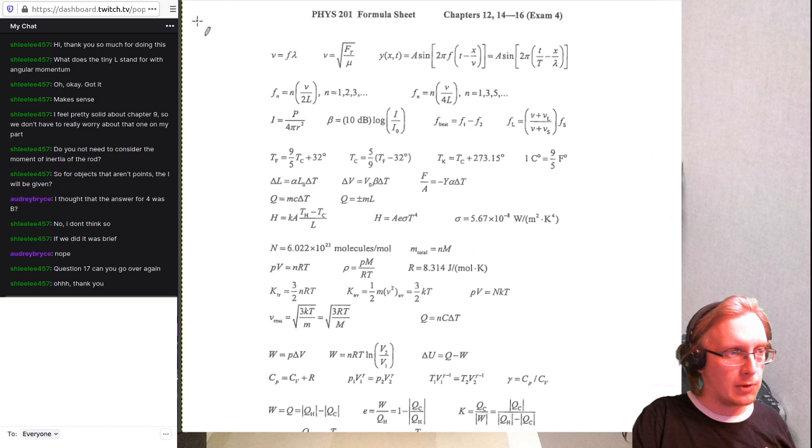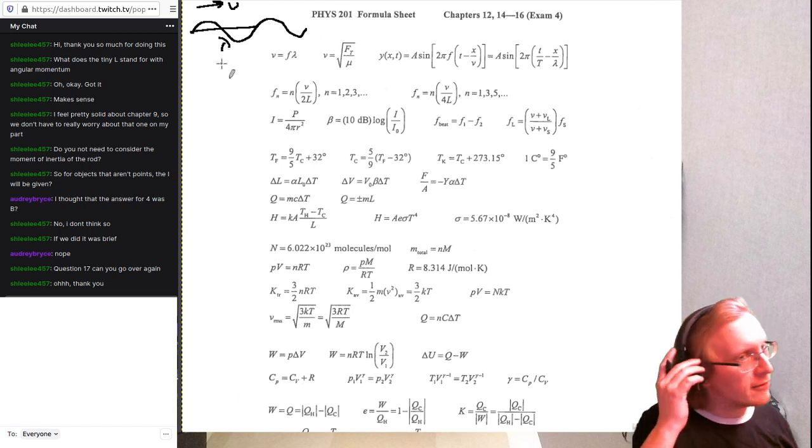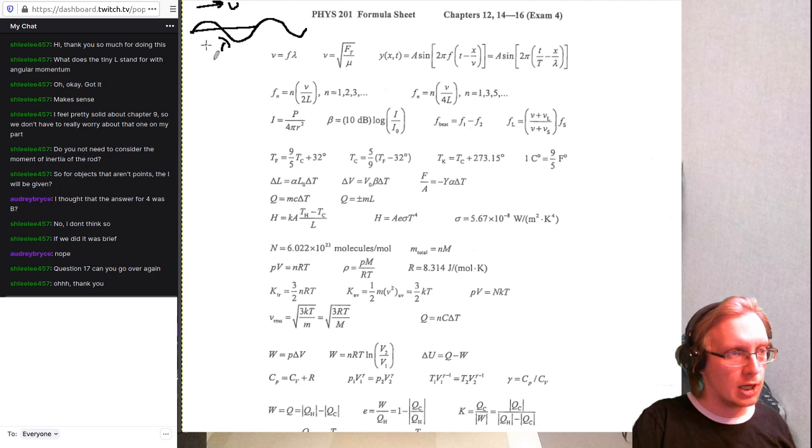So let's draw a wave here. If it is traveling, say it travels that way, we have a wavelength here, lambda, and then a frequency for how quickly this thing will oscillate up and down. And then you can relate frequency and wavelength to this velocity for any wave.